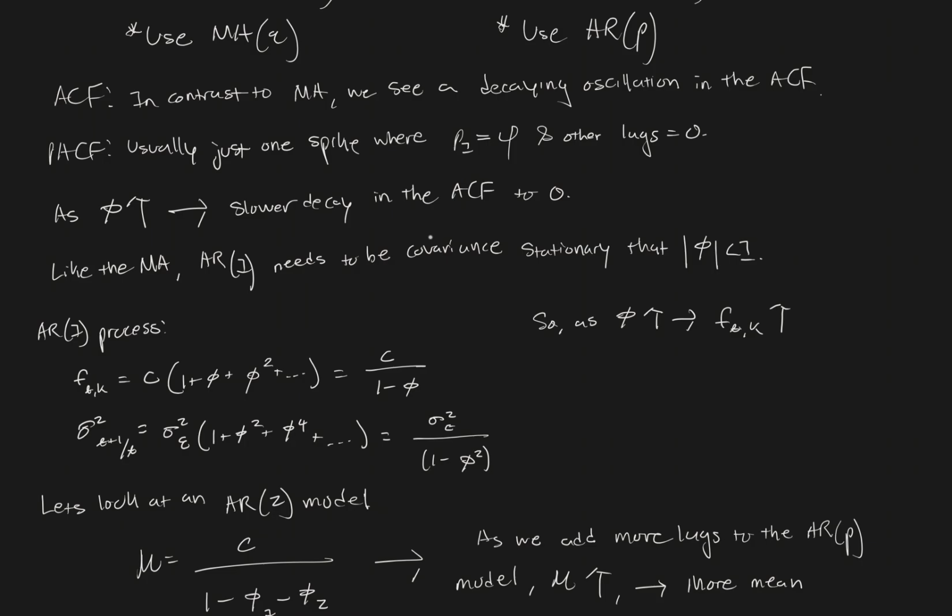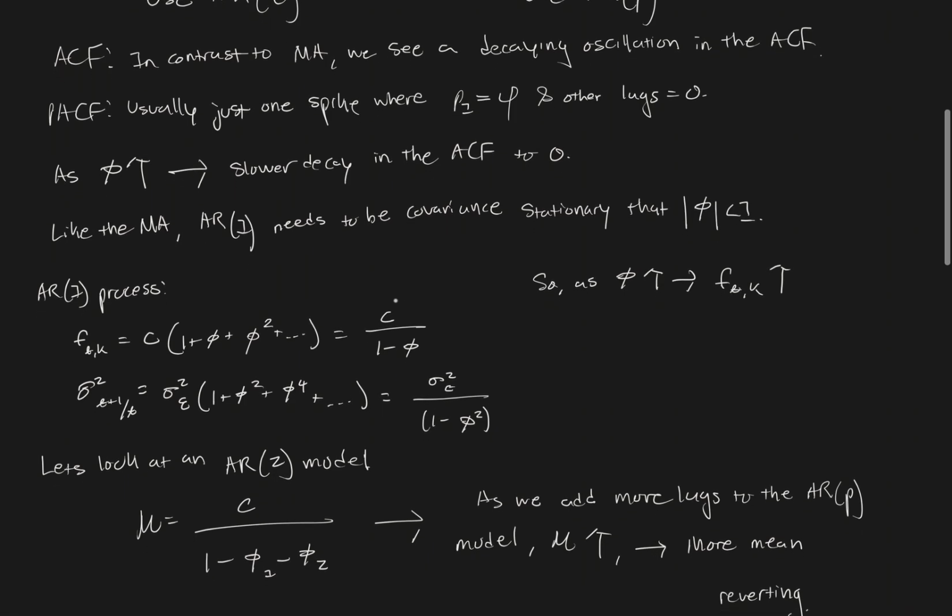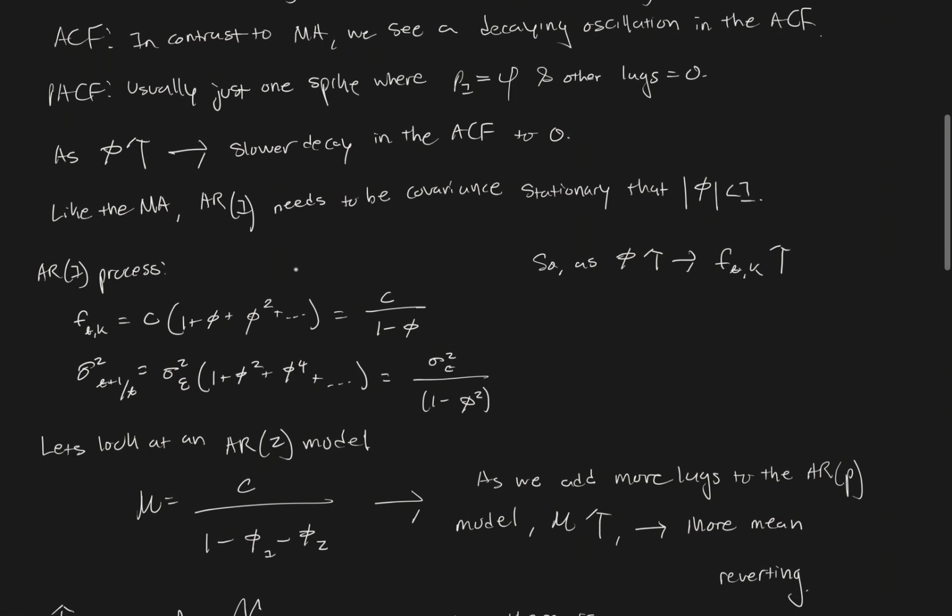Intuitively, it makes sense. Like the MA model, our autoregressive model needs to be covariance stationary. For them to be invertible, to be switched to each other, the coefficients need to add up so that the absolute value is less than 1.